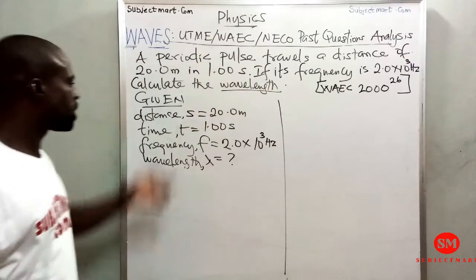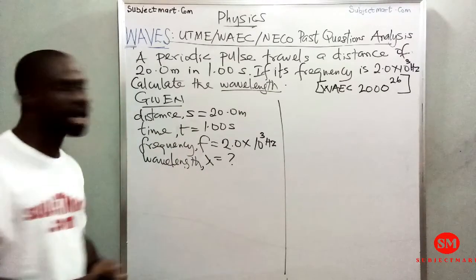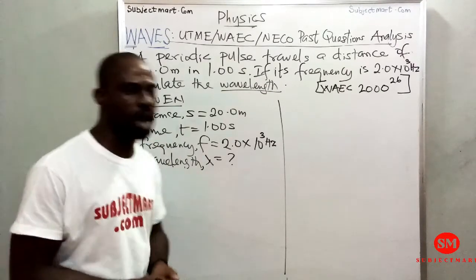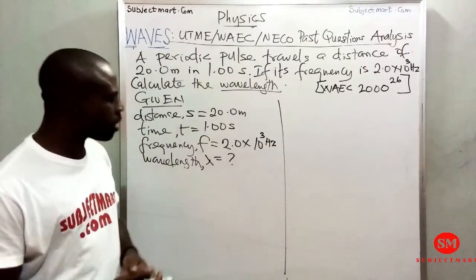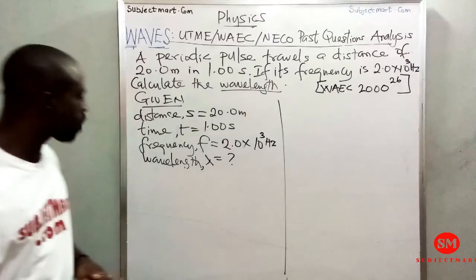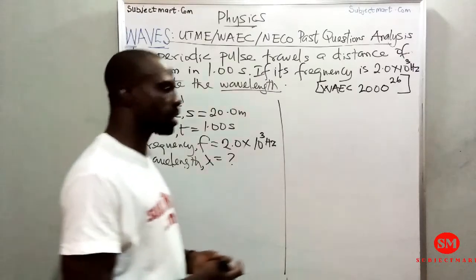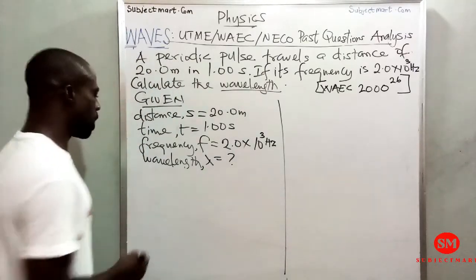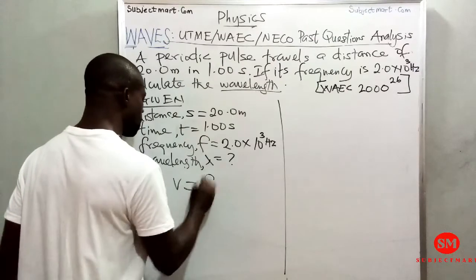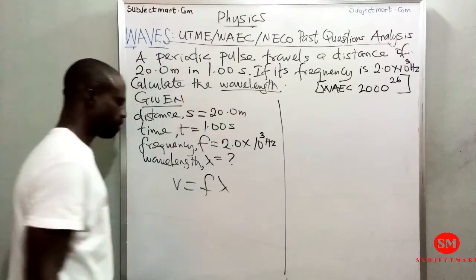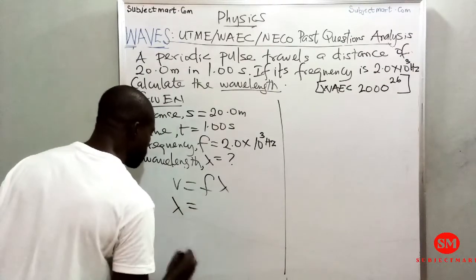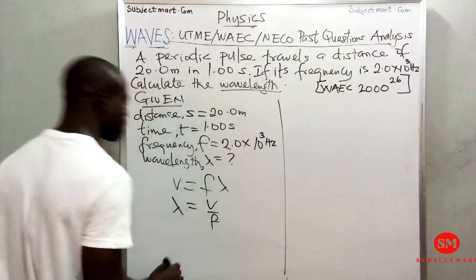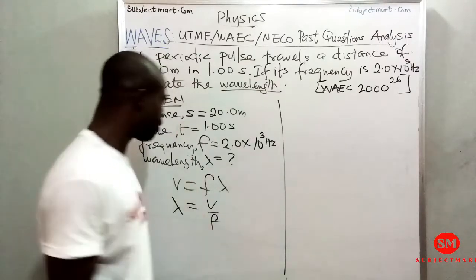Now we are given the distance as 20 meters, time as 1 second, and frequency as 2 times 10 to the power 3 hertz. We have to calculate the wavelength lambda. Now the formula is V equals F lambda. With lambda as the subject, lambda, which is wavelength, is equal to V over F.